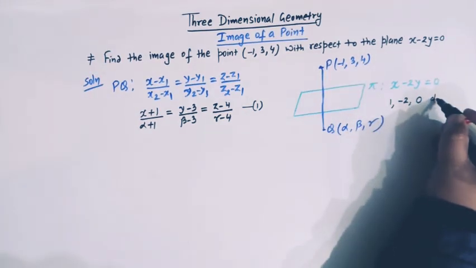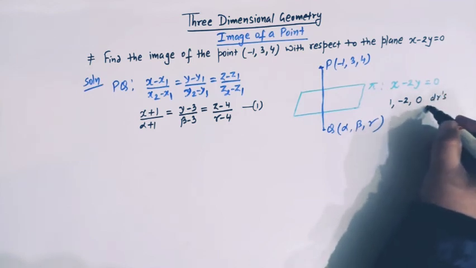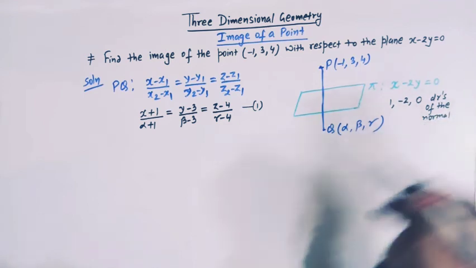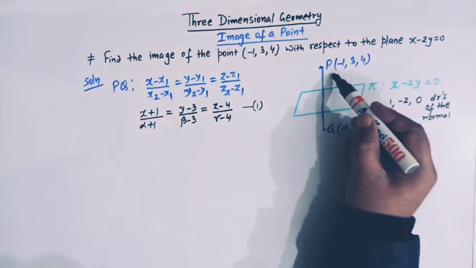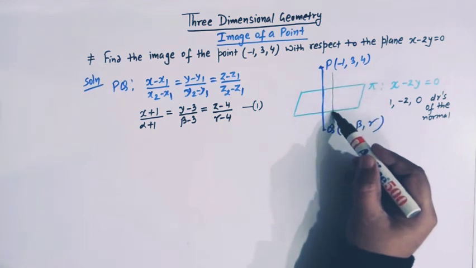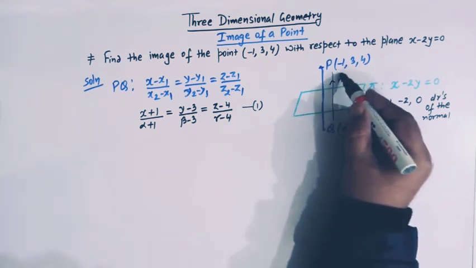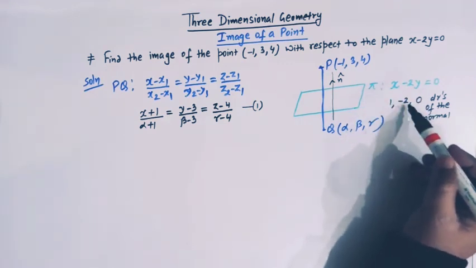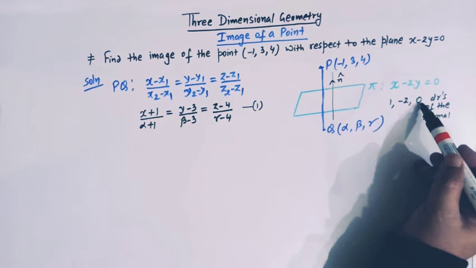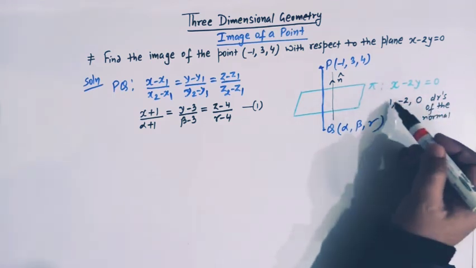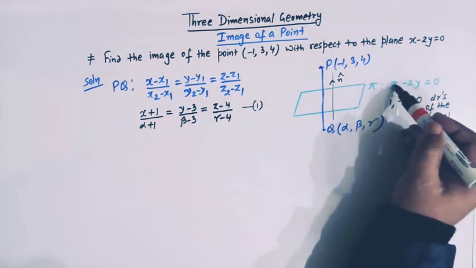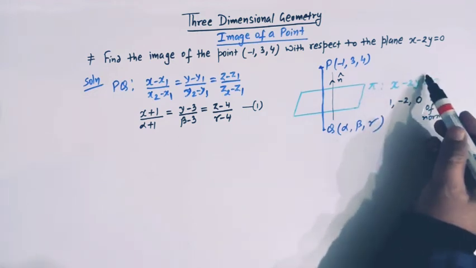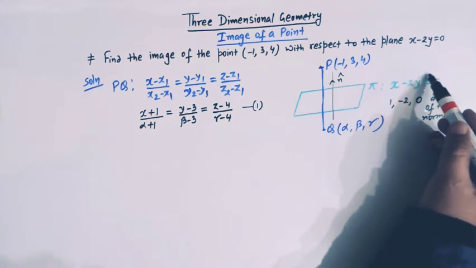So these are the DRs of the normal to this plane. Right? So if we have the normal like this, then the DRs are given by 1, minus 2 and 0. So these are the coefficients of x, y and z. Here we do not have the z component.